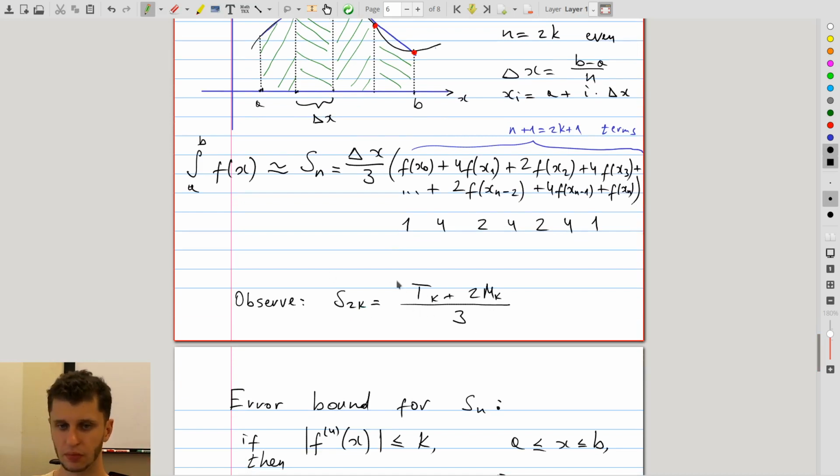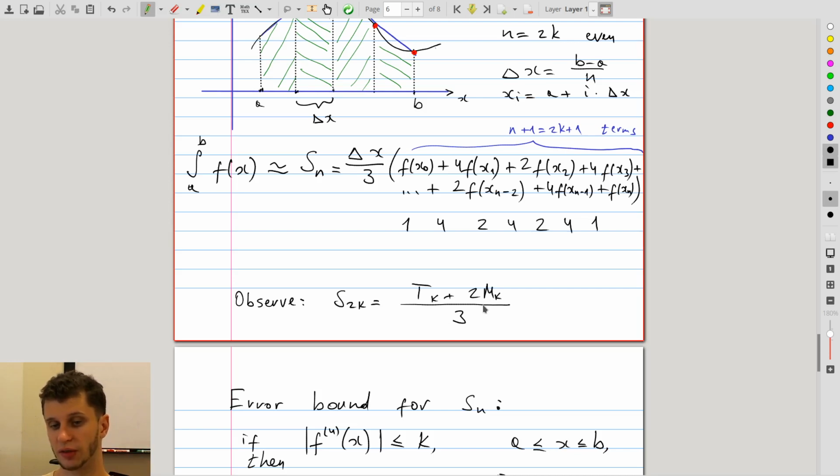It is interesting to check that if you take the Simpson's sum for n equals 2k and look at it closer, you can represent it as T of k plus 2M of k. We're not going to verify it, but that's basically the situation.